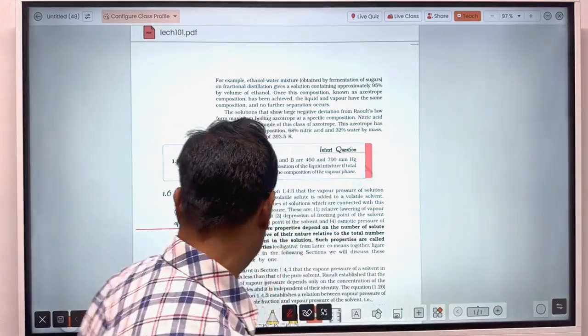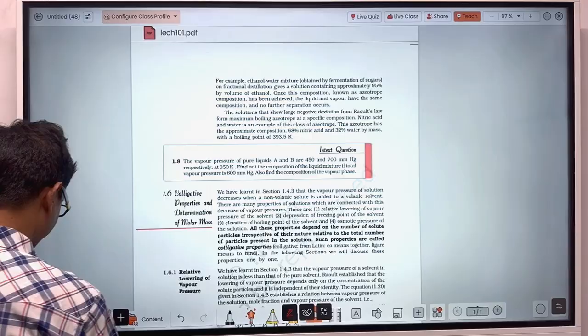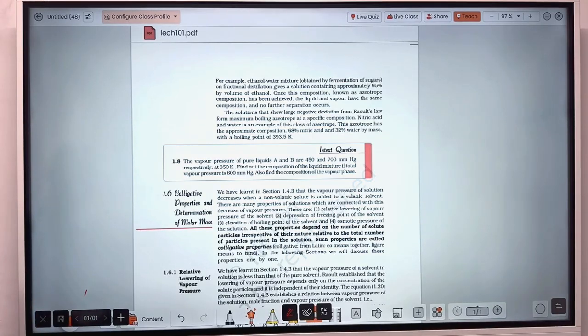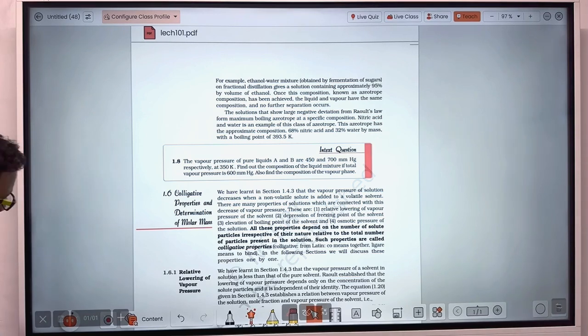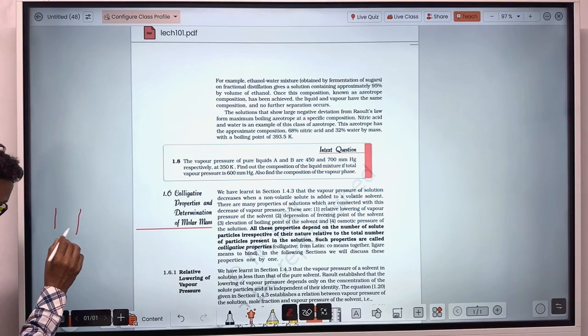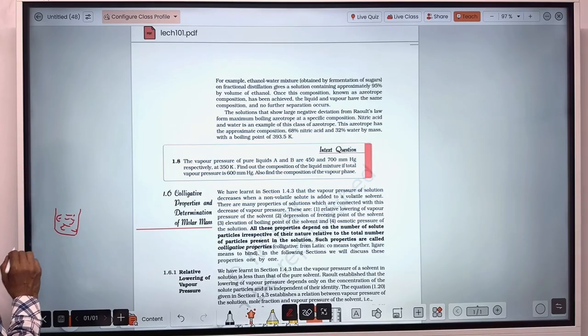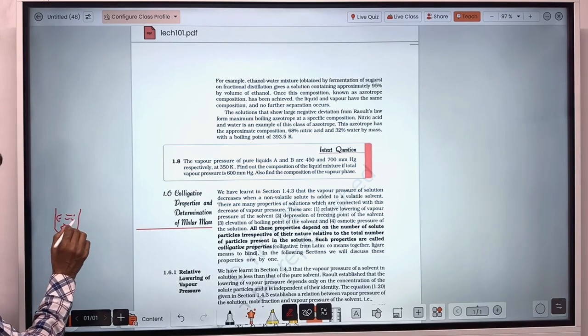That is called boiling point. You already know the boiling point of water is 100 degrees Celsius. That means there is a liquid, suppose water here.